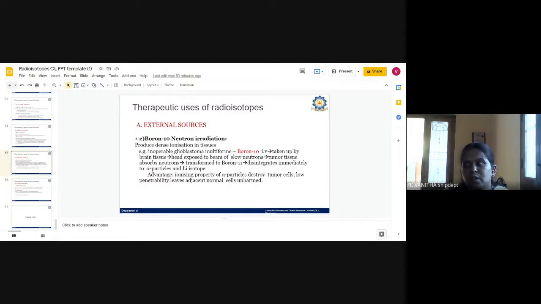With the use of external sources, the ionization of alpha particles destroys the tumor, and their low penetrability leaves adjacent normal cells unharmed. These are the advantages of external sources.